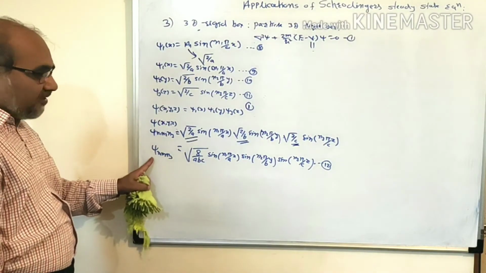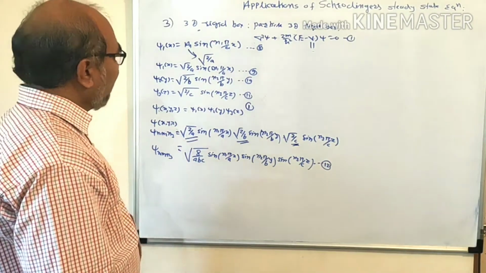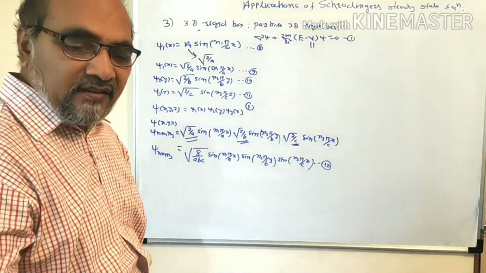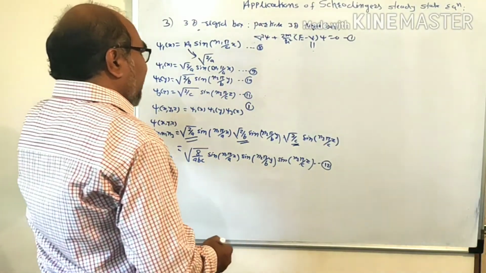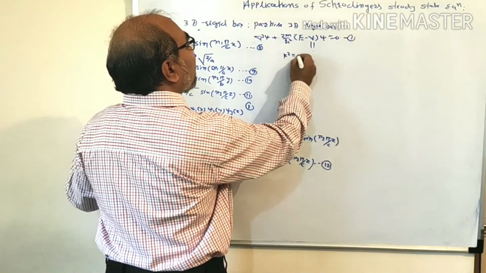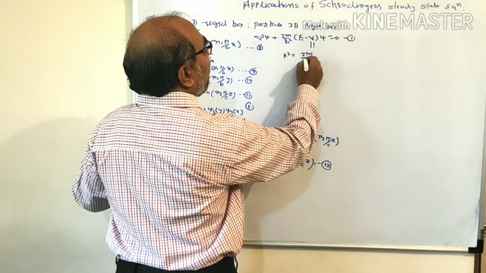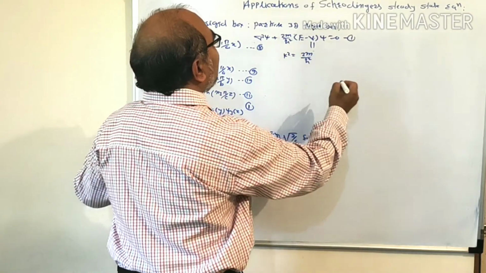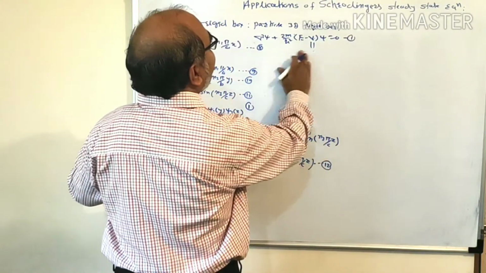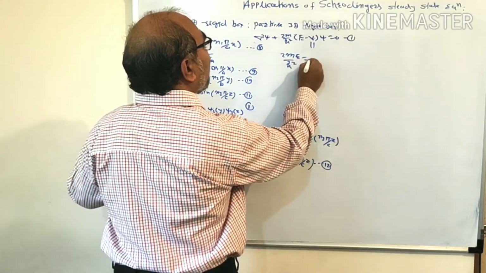Okay, so this is the eigenfunction. Another one, the eigenvalue, we are going to see. Last time we have seen this, energy: 2mE by h bar square is equal to k square.